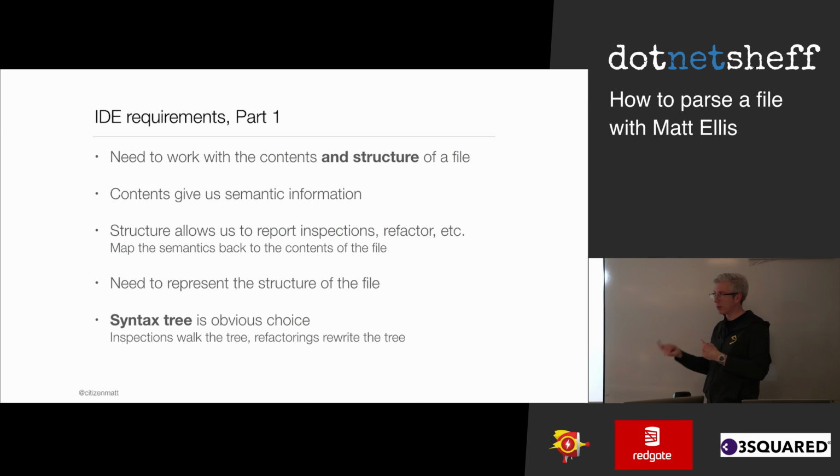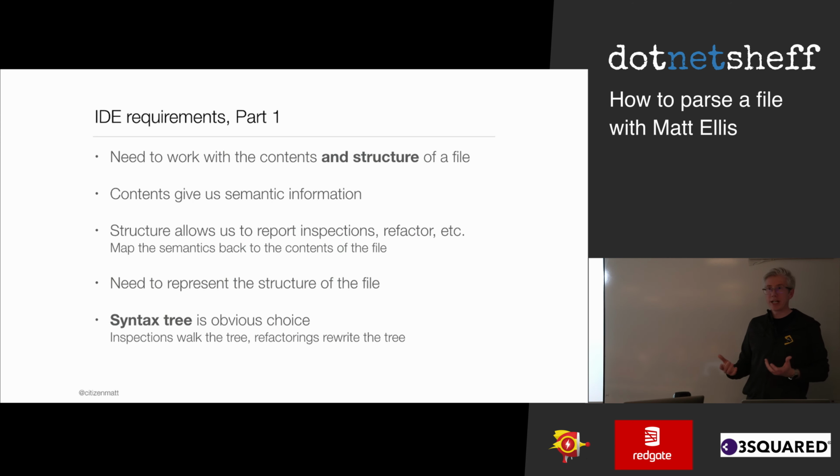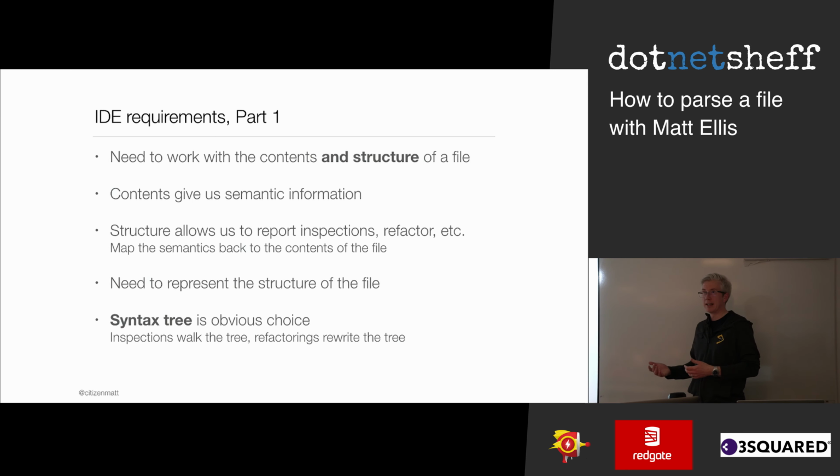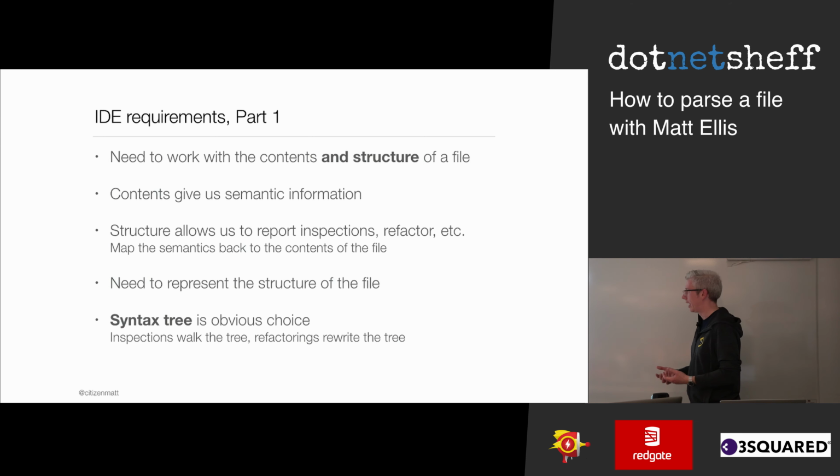So in memory, we need to represent the structure of the file when we parse it. The obvious answer is to use a syntax tree. Inspections can just walk the syntax tree, look for patterns and put highlights in there. Refactorings can just rewrite the tree, and when that gets serialized back out, it's rewriting the file.